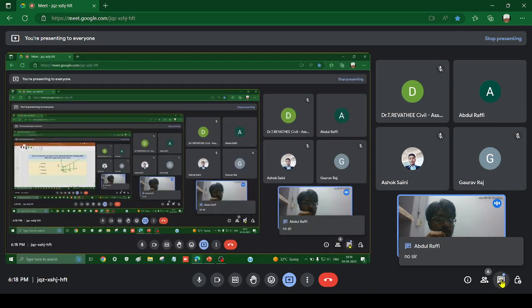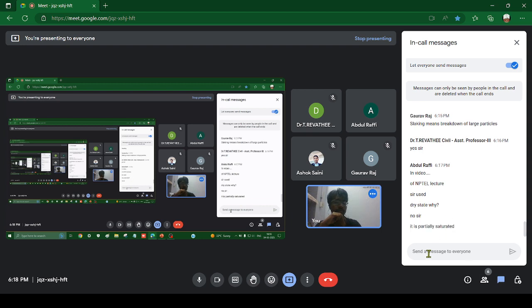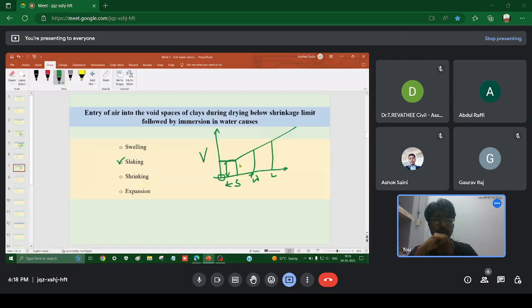Can you explain what you are trying to say? Here it is partially saturated. See, I'm talking about drying below shrinkage limit.